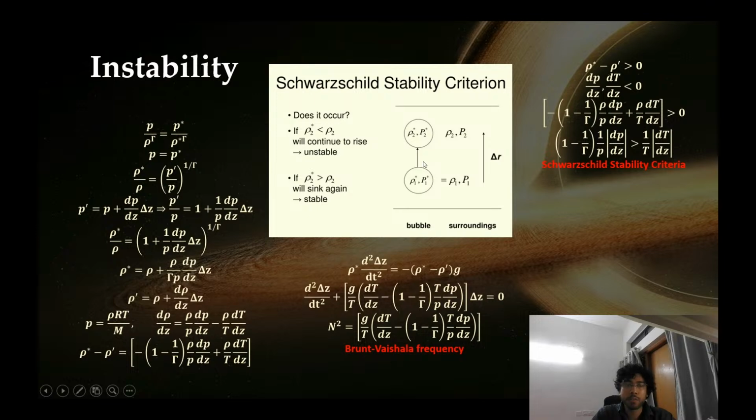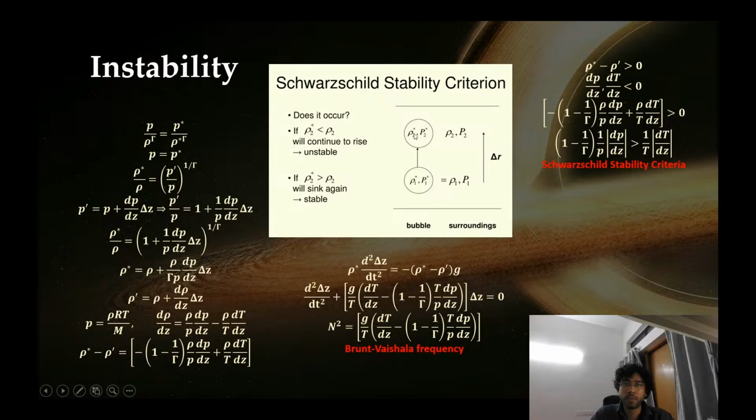And now we want to see whether, if we displace this bubble, it would be stable or unstable. What we said about stability is that if it comes back to its original position, it's stable. If not, it's unstable. What will make it come back is the condition on rho 2 star and rho 2.